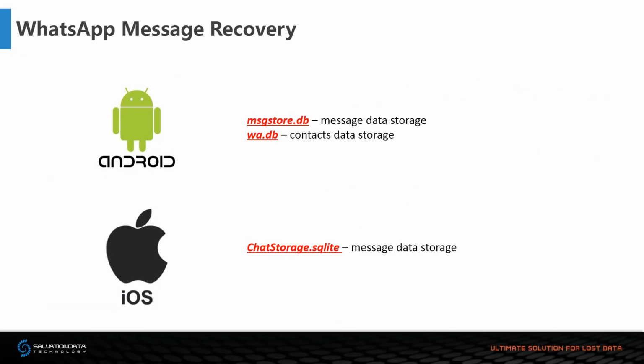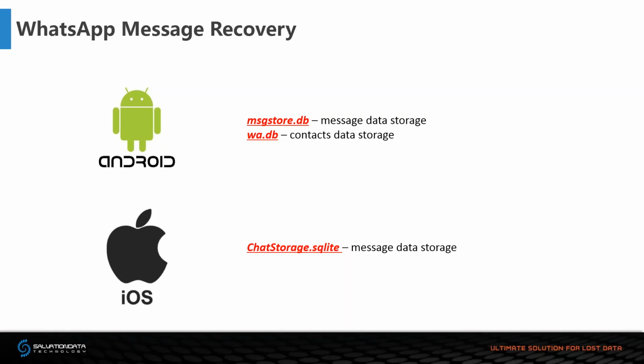First, let me explain how WhatsApp stores its message data. As we have introduced earlier, WhatsApp uses SQLite database to store its messages, but the situation for Android and iOS is a little bit different. In an Android device, WhatsApp stores its message data in a database file called messagestore.db and stores its contact lists in wa.db.